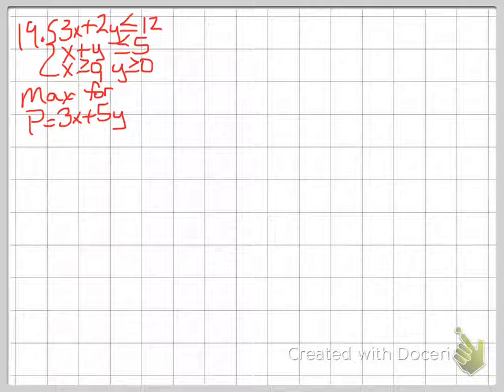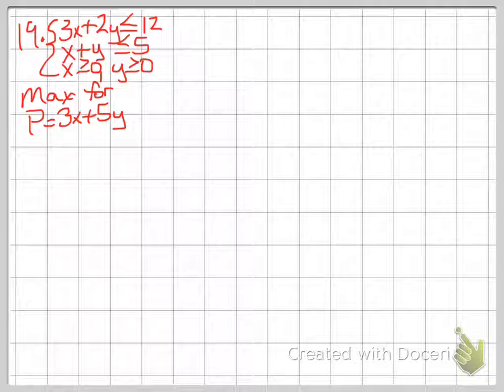I have four equations here. I have 3x plus 2y is less than or equal to 12. I have x plus y is less than or equal to 5.